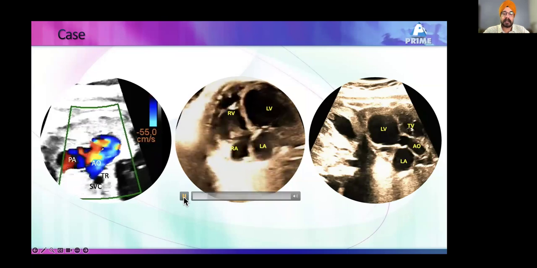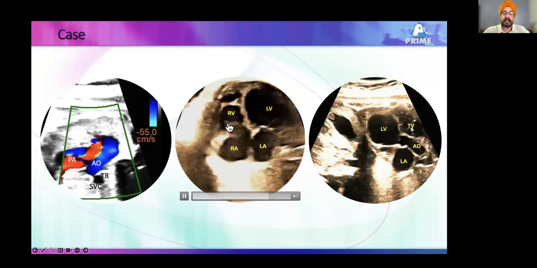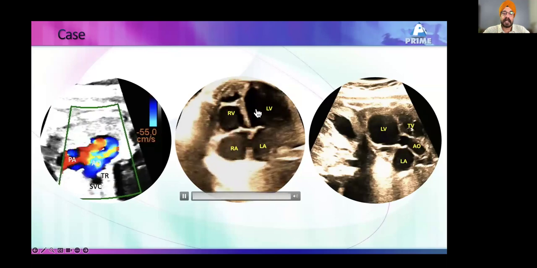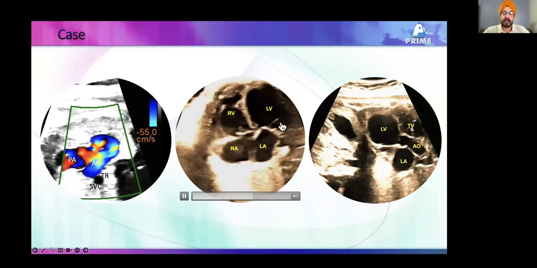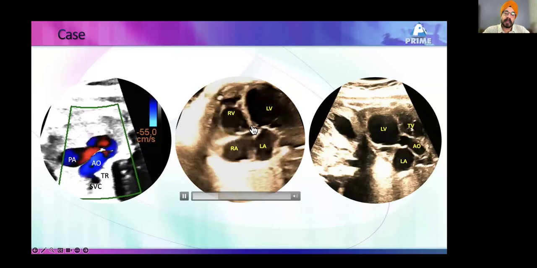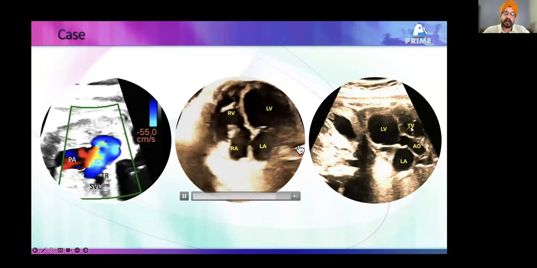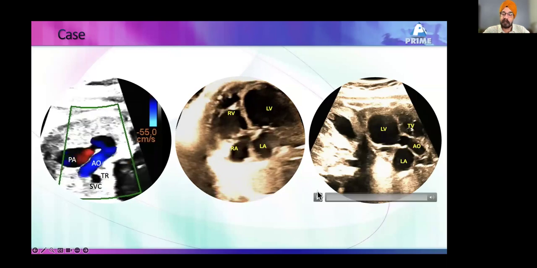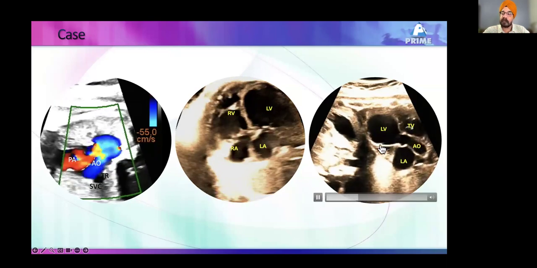Once we interrogated, the right ventricle was bad, the left ventricle was pathetic, hardly moving, no ejection fraction. Now you see there is something here. As the topic today was subaortic membrane, I would not diverge away from this.